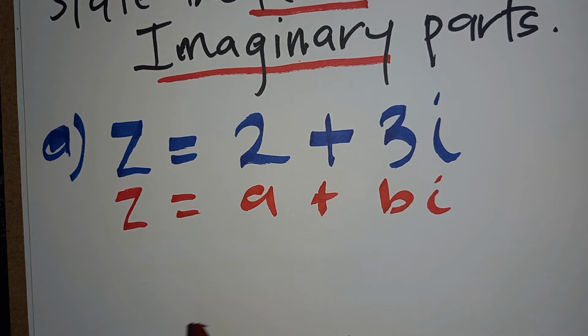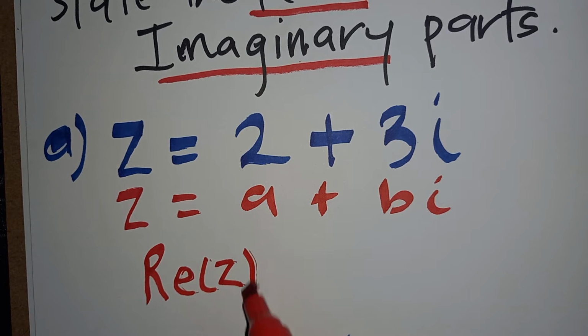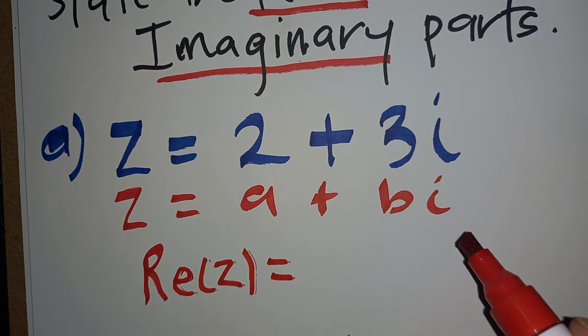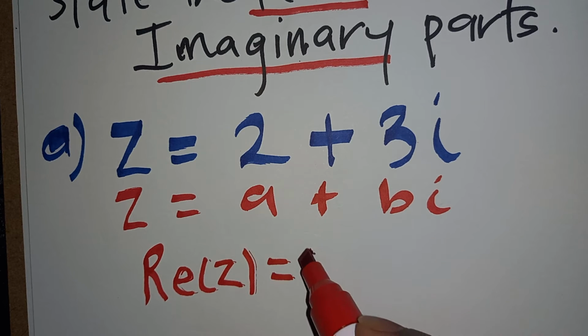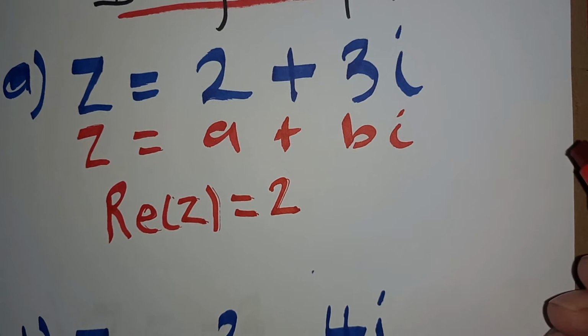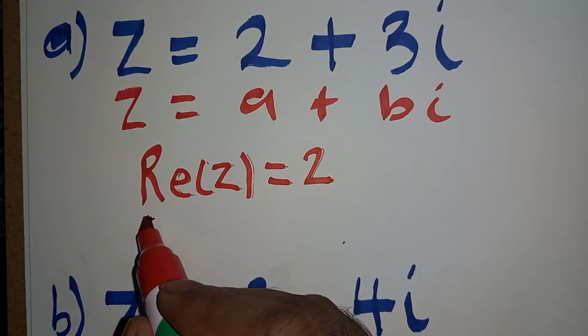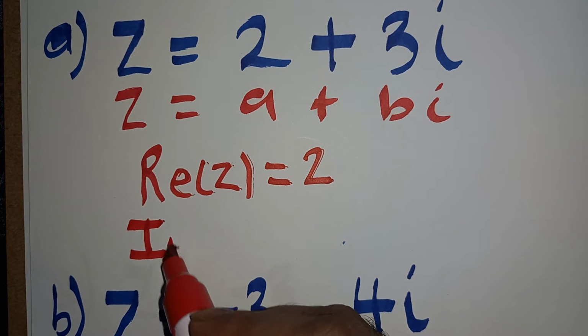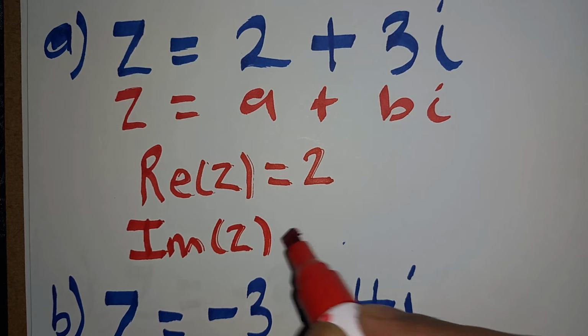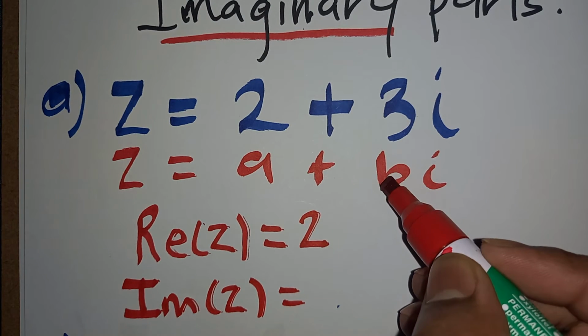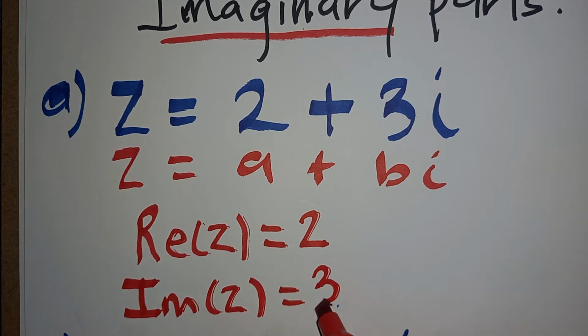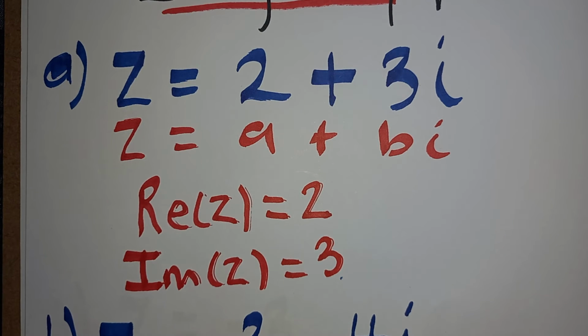So if I have to write the real part of this, I will say Re of z is equal to a, which is 2, and the imaginary part of z will be basically 3. So that is how we write the real and the imaginary part.